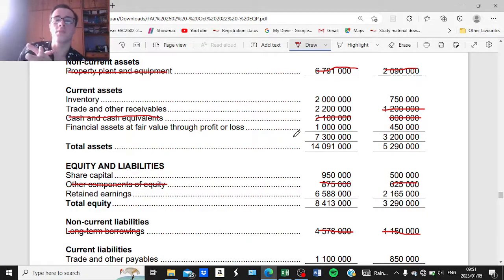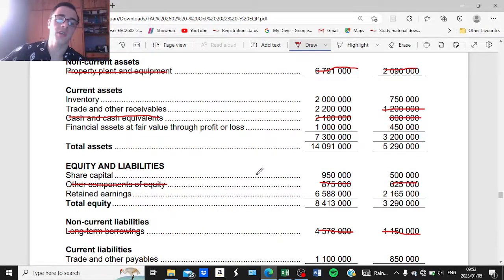Now, remember we are using the direct method in order to represent our operating activity section, or the cash generated from operations section. So we need to consider the actual cash flow that occurred for trade and other receivables. And we can only do that once we have taken into account the non-cash flow items.